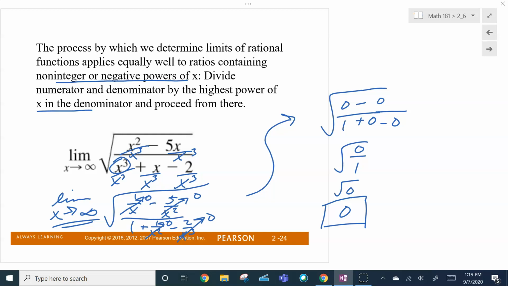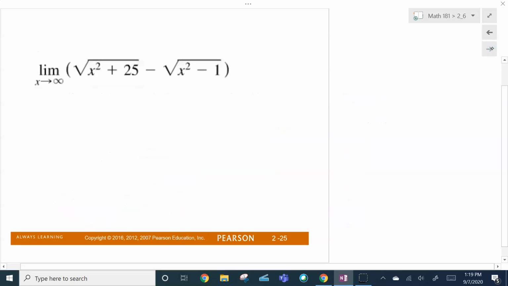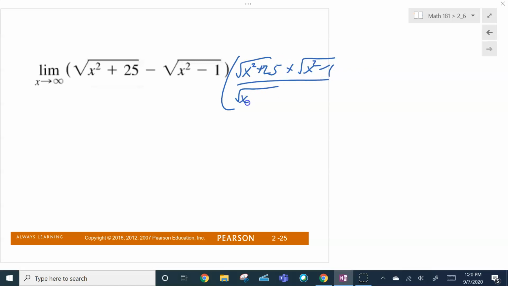Now the last one, I just want to give you kind of a look at. How would you approach this one? Well, what you want to do is you want to multiply by your conjugate, top and bottom, and then reanalyze. Okay, because right now there's nothing else you can do with this. So square root of x squared plus 25 plus square root of x squared minus 1. Gotta do it to the bottom.